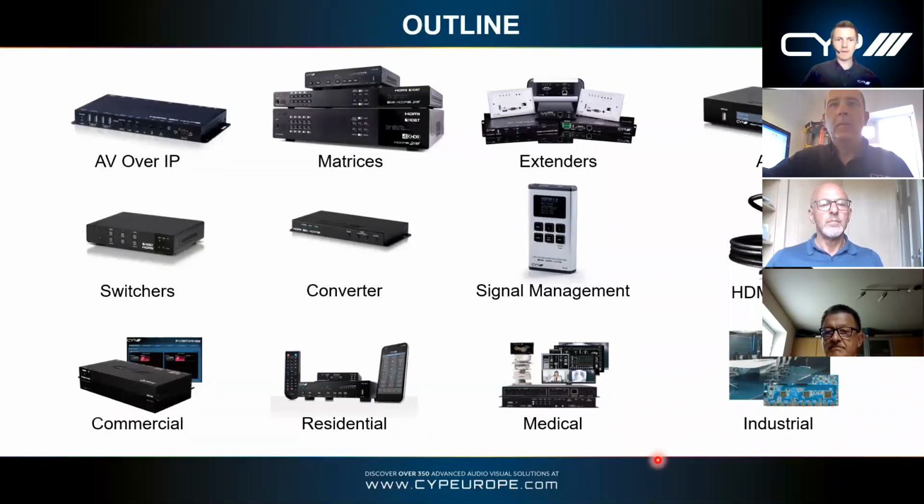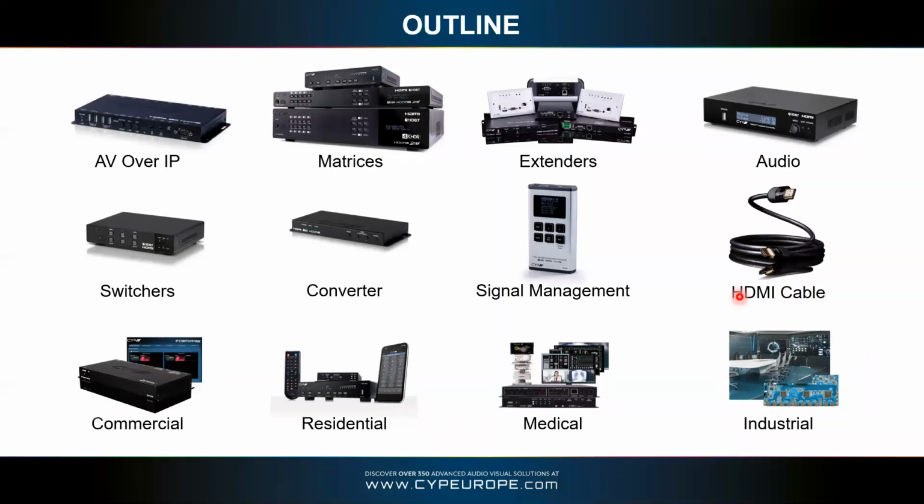For anybody that doesn't know CYP, we've got a very large range of products which you can now see on screen. Covering things from AV over IP products, with 1 gig and 10 gig solutions. We have matrices, which cover HDMI and HDBaseT. We have extender products, which we'll cover quite a bit in depth today. Audio products, including audio converters and audio amplifiers.